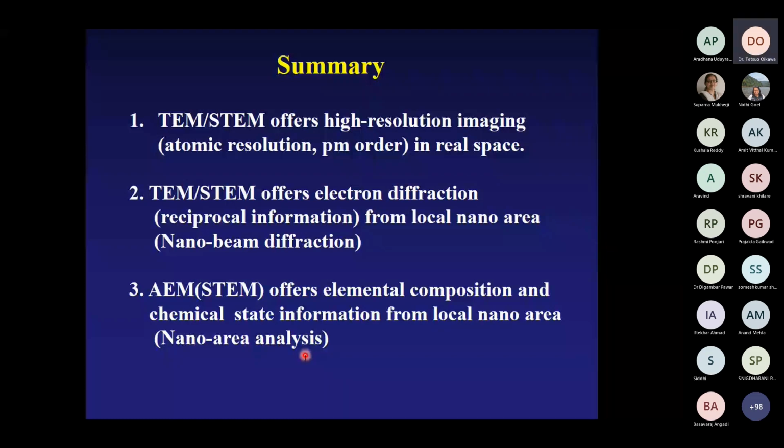As introduced today, electron microscope is a very effective and powerful tool for material science and also biological structure analysis. So I'd like to recommend and expect that you use the electron microscope in your research work. Okay, thank you very much for your attention.